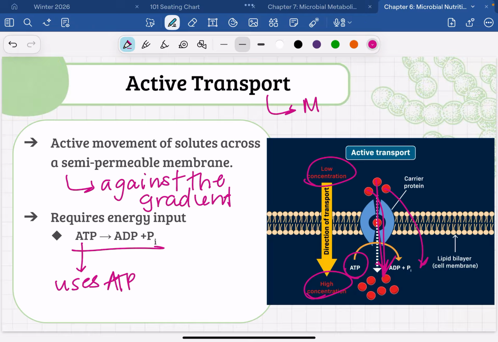And if you ever take anatomy and physiology, or if you already have, this is basically the basis of how your entire nervous system works. Your entire nervous system works because of something called sodium-potassium pumps, which pump sodium and potassium across their gradient, and that's what creates action potentials, which allows your entire nervous system to move.